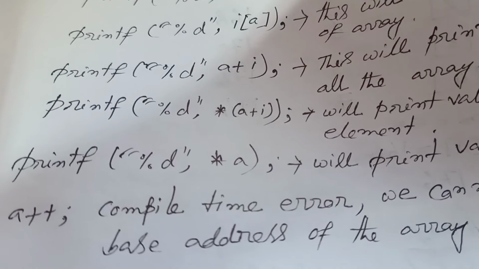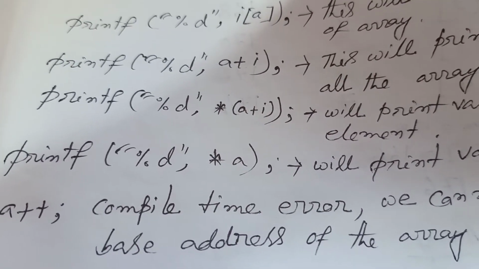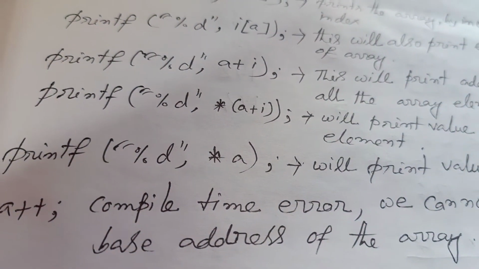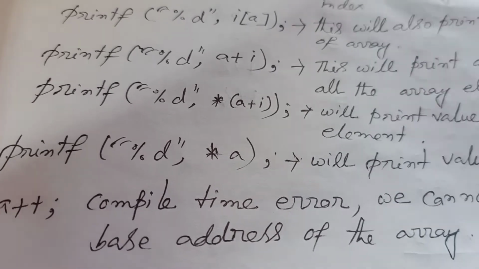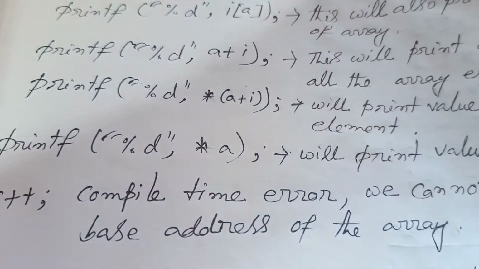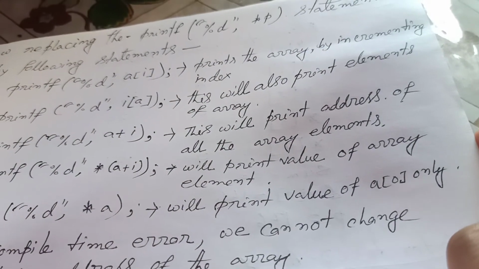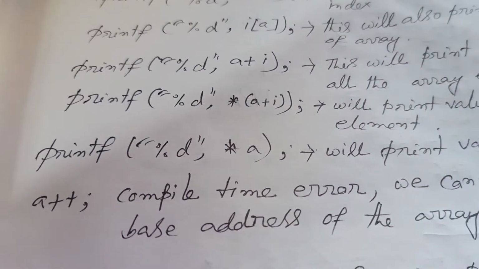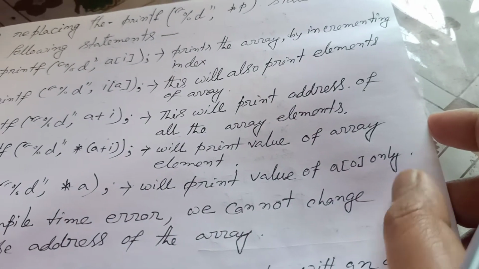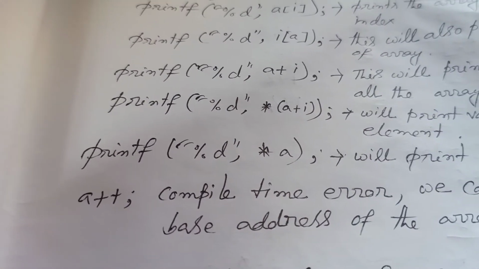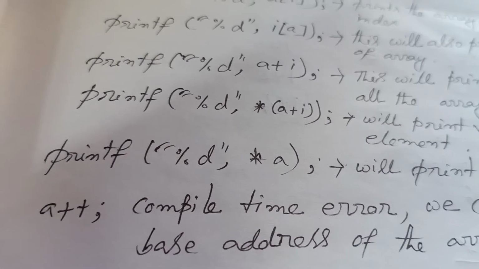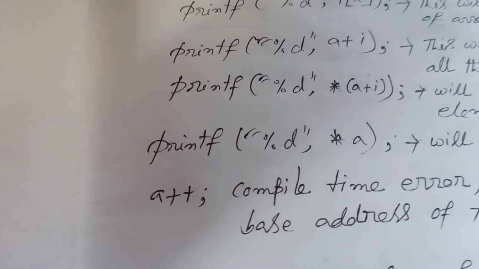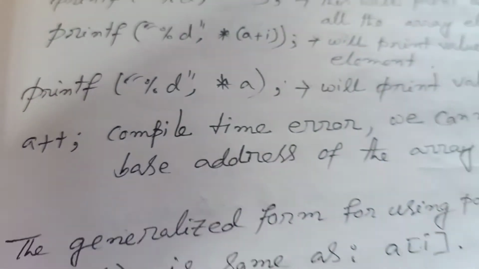And printf %d, *a will print the value of a[0] only, a[0] only, then a++ to increment.